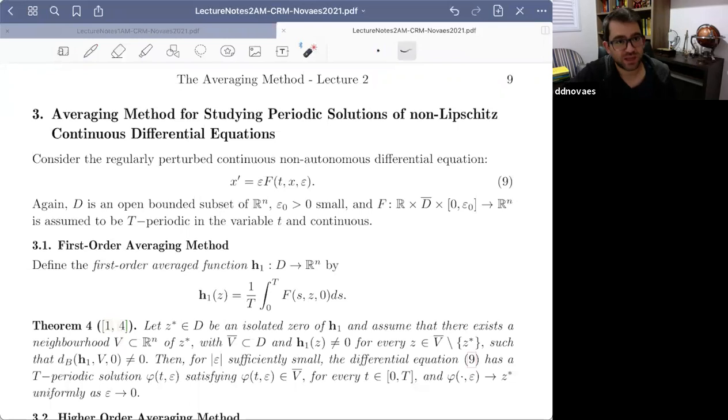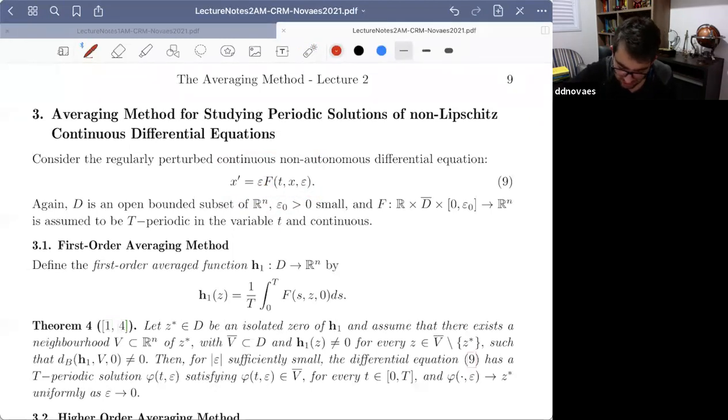So let me explain a little bit about these results in this non-regular context. Now let's consider again a differential system given in the standard form for applying the averaging method, but now I want to assume that the function f is continuous. I'm not assuming that it's differentiable, even in the perturbation parameter. I'm not assuming that it is differentiable in epsilon.